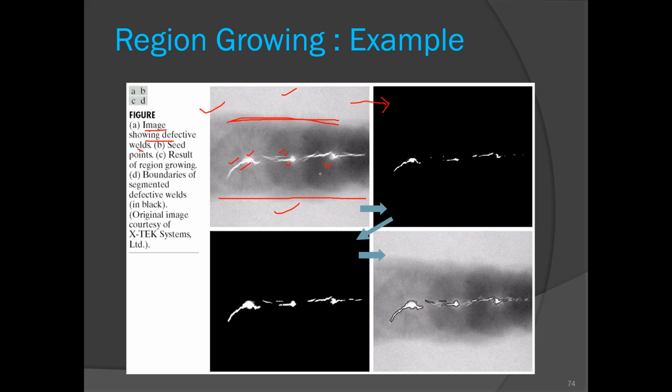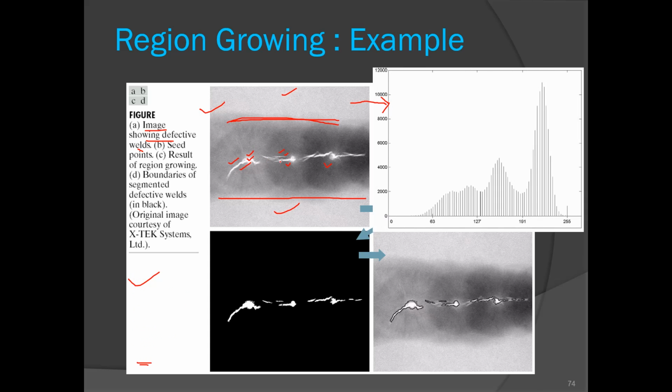Now how to decide the threshold value? The first step is seed detection: all the pixels with intensity 255. As you can see in this image, the seed points can be these brightest pixels. If you plot the histogram of this original image, we have the majority of pixels with this intensity, and these are the surface pixels.